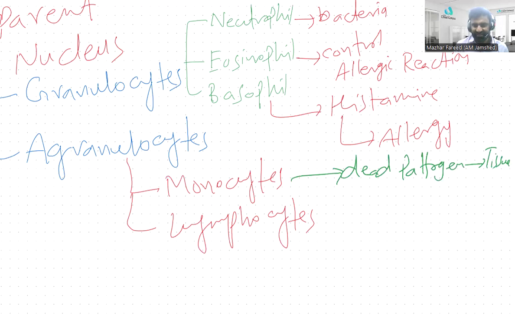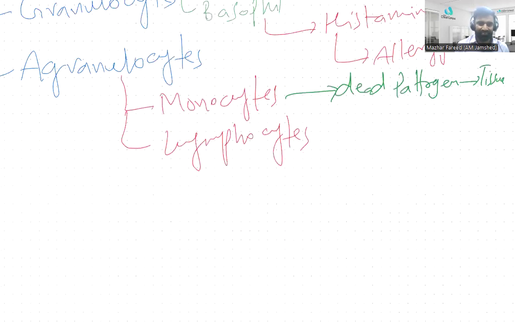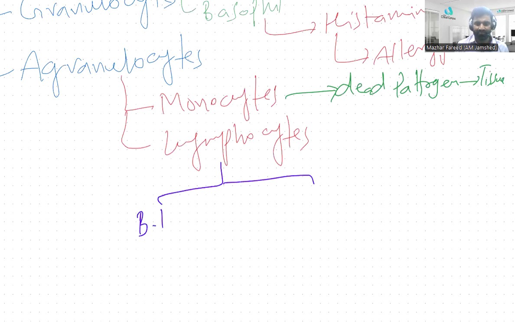If we see the lymphocytes, there are two types of lymphocyte. One is the B lymphocyte and second the T lymphocyte.